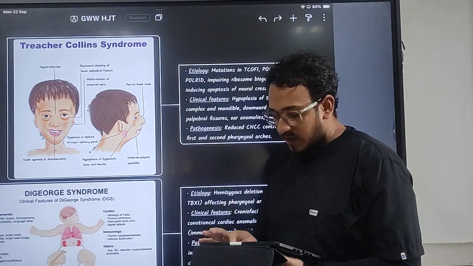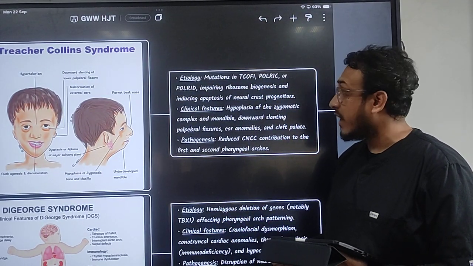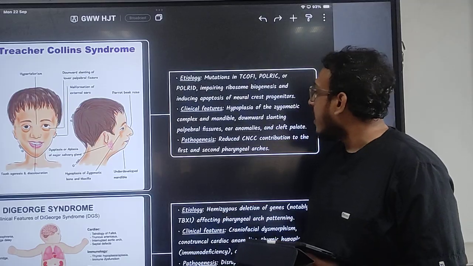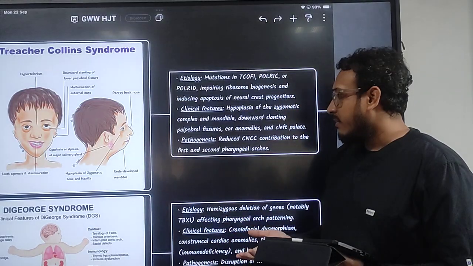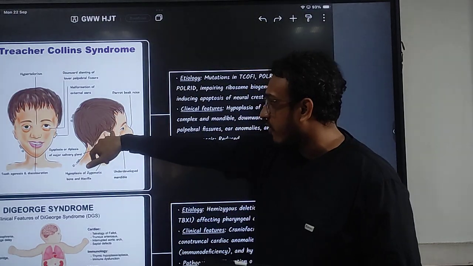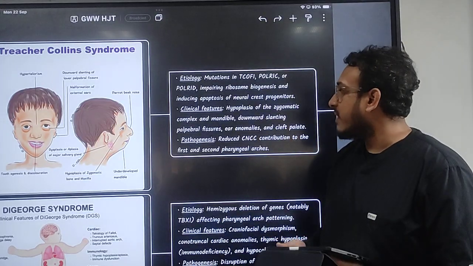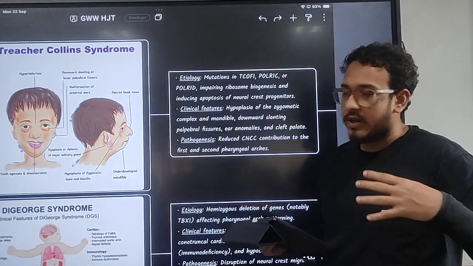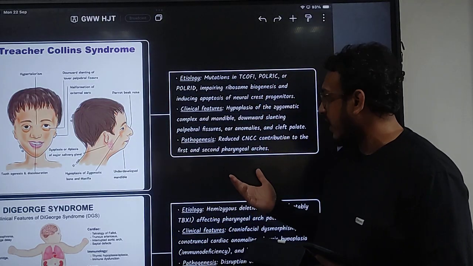There are a few clinical features which are seen: hypoplasia of the zygomatic complex and mandible, downward slanting of the palpebral fissures, that is the border of the eye, and ear anomalies, that is a deformed outer ear. They are also associated with cleft palate.